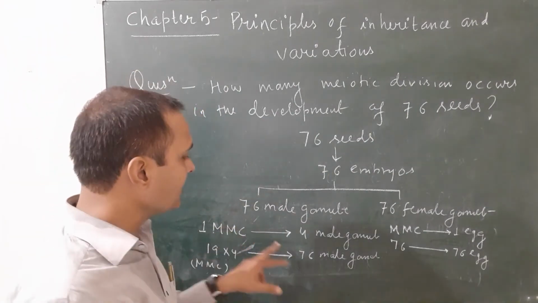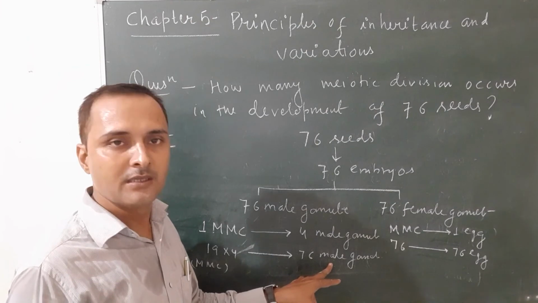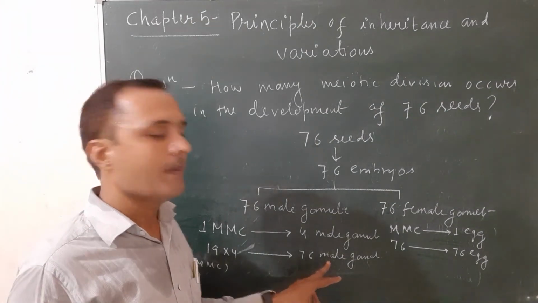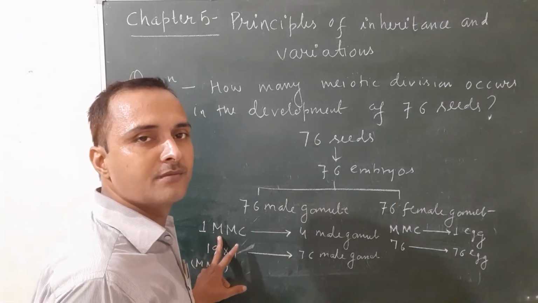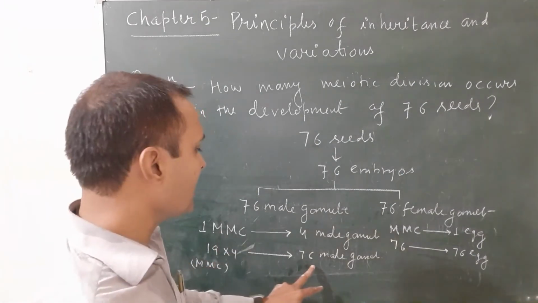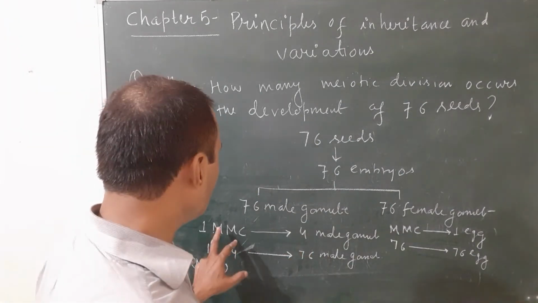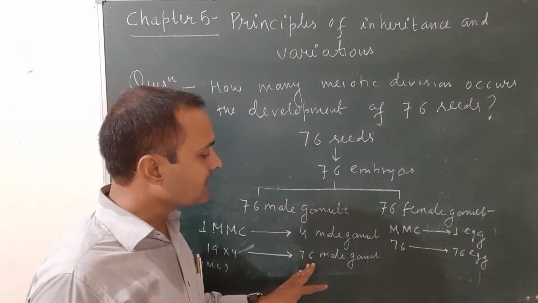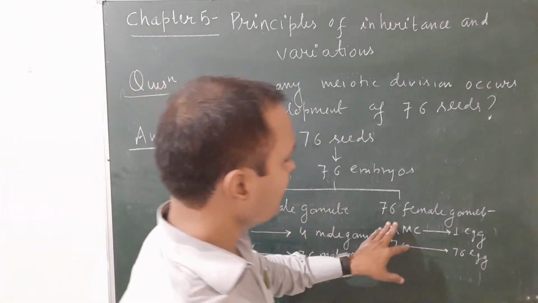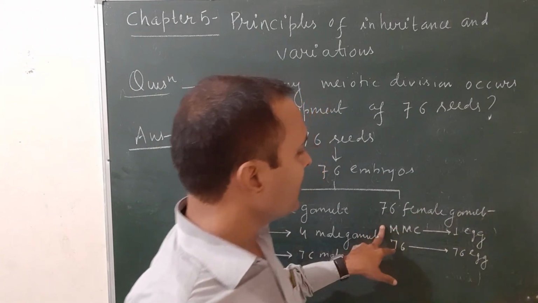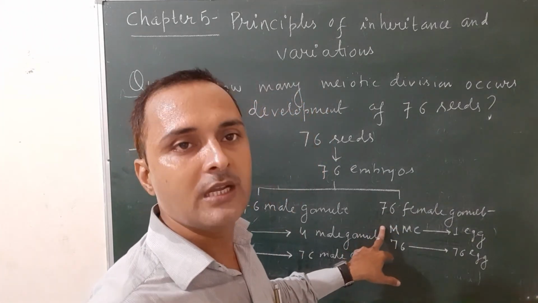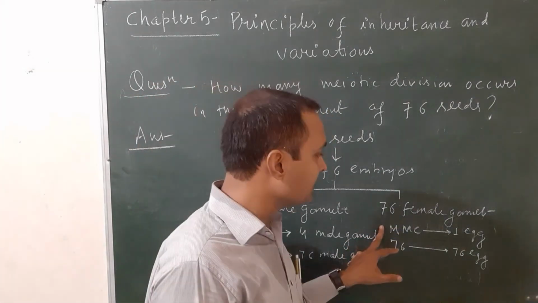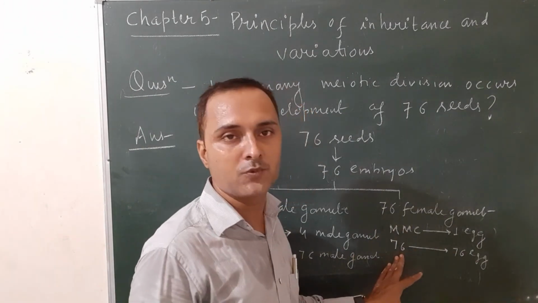Once again, how 95? Because in the development of 76 male gametes, it requires 19 microspore mother cells, so 19 meiotic divisions take place. And one megaspore mother cell will give only one egg, so for 76 eggs, it requires 76 megaspore mother cells.